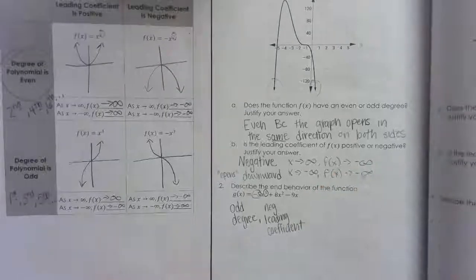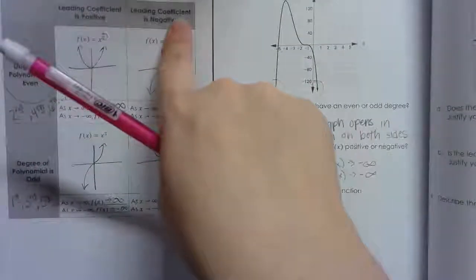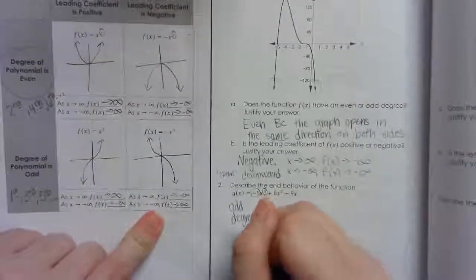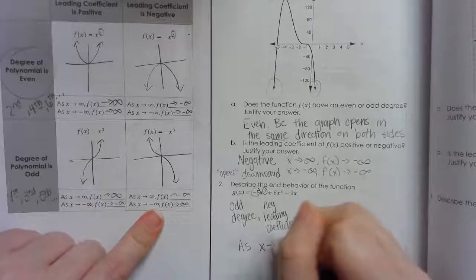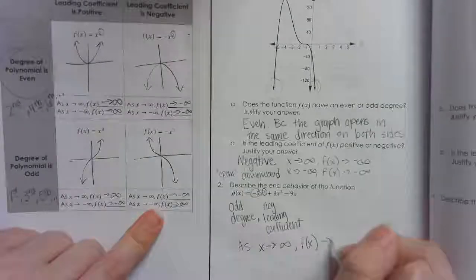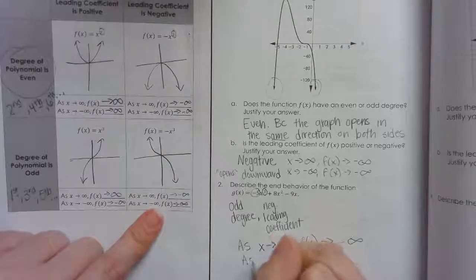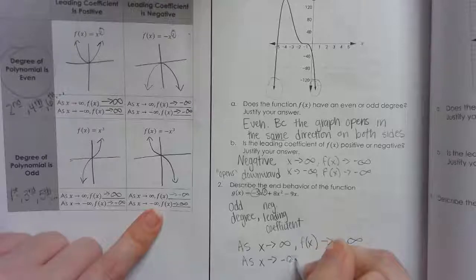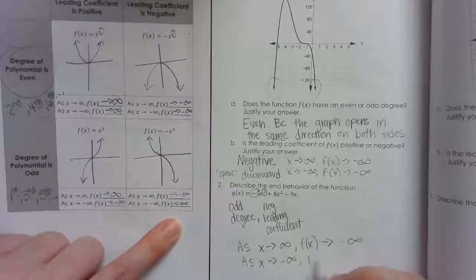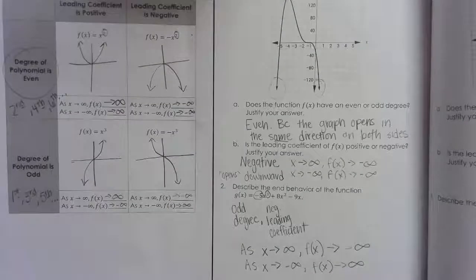If I go back to my table, that tells me negative leading coefficient, odd degree, that's going to be as x approaches infinity, f of x approaches negative infinity, and as x approaches negative infinity, f of x approaches infinity.